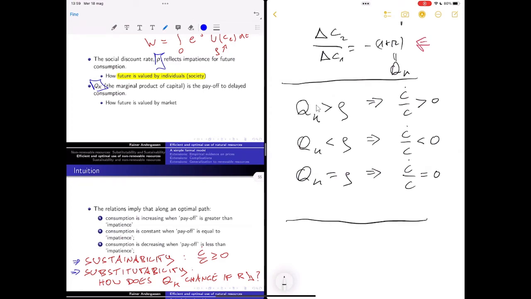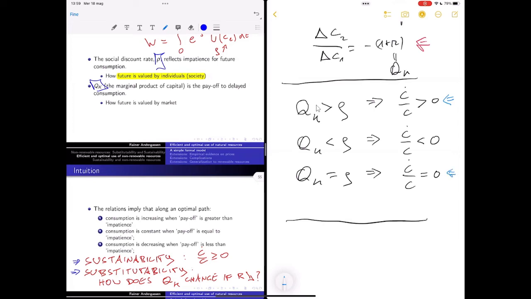Before the break we have seen that the Euler equation basically tells me that it is socially optimal to have an increasing consumption path if the return to savings from the market point of view is larger than my impatience, my rho parameter.